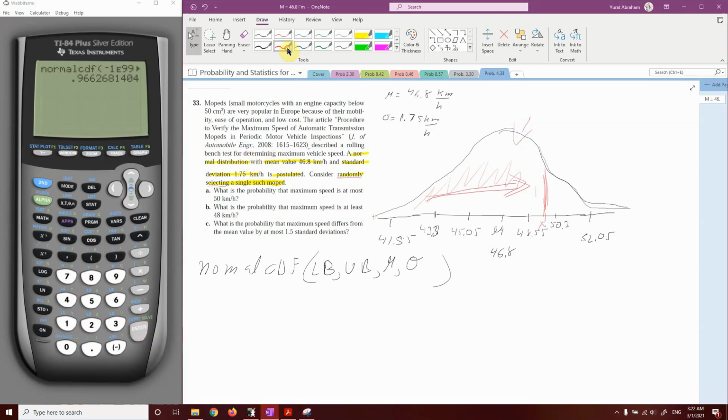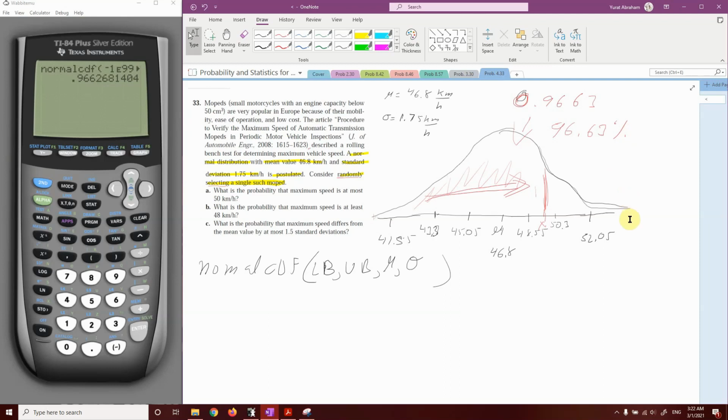So that means that for the maximum speed at most 50 kilometers per hour, there's a 0.9663, or a 96.63% probability.